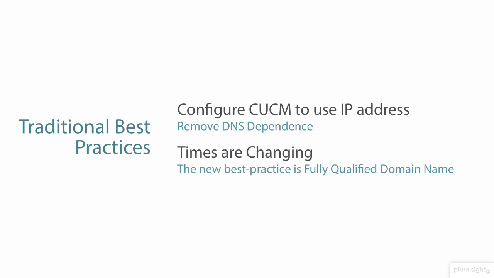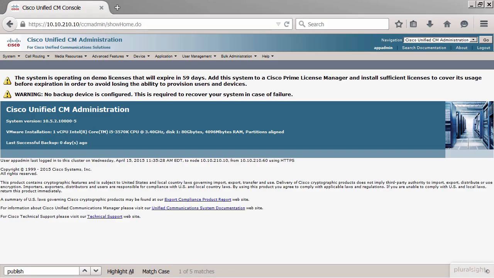and then walk through some of the Presence configuration tasks. If you've ever been to a training class and learned how to install and configure Cisco Unified Communications Manager, you'll probably recall a conversation around DNS dependence. Traditional best practices were such that CUCM servers were configured to communicate with an IP address rather than a host name.